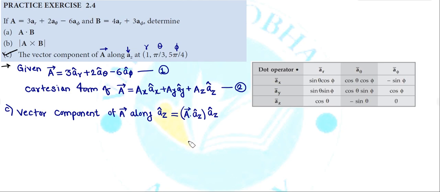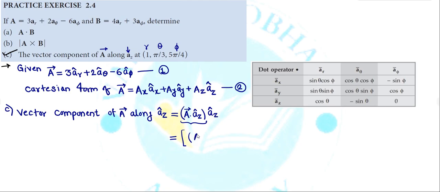Earlier we have written vector A in terms of its Cartesian system. So very firstly, we are going to find out this first bracket and simplify that one. Vector A in terms of its Cartesian system is expressed in your equation number 2.